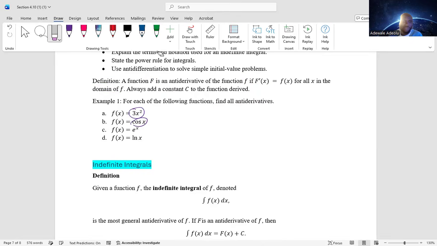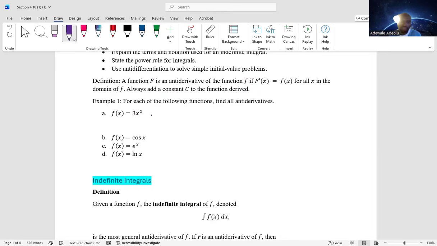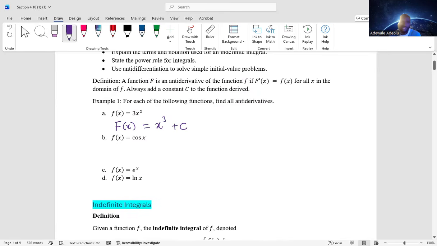Okay, now with that, it turns out that in this case, we will have to say the antiderivative is x cubed plus some constant. The same thing in this case, we will have to say the antiderivative for this function is sine of x plus some constant.